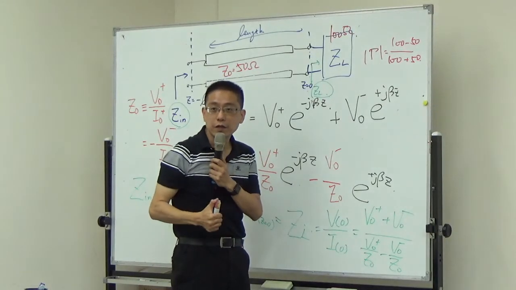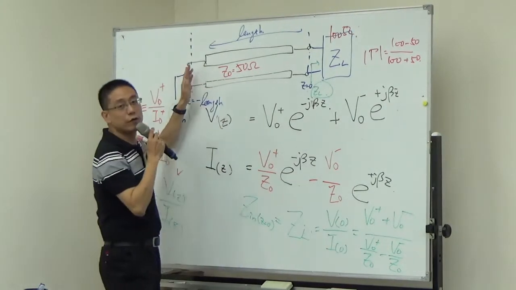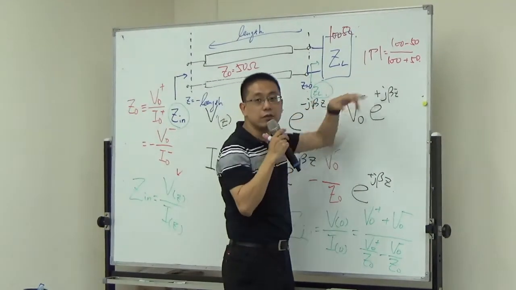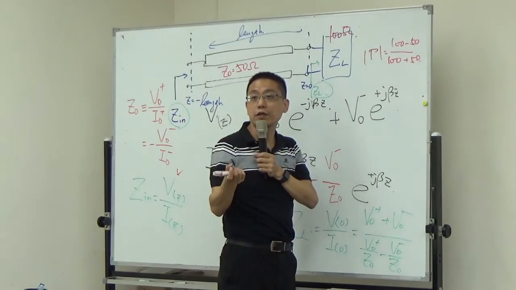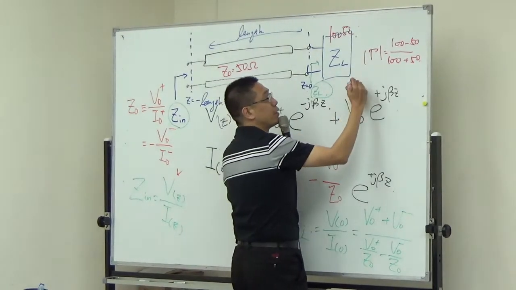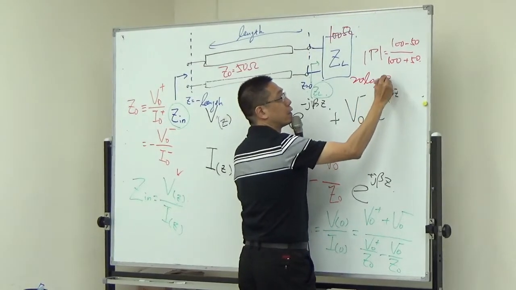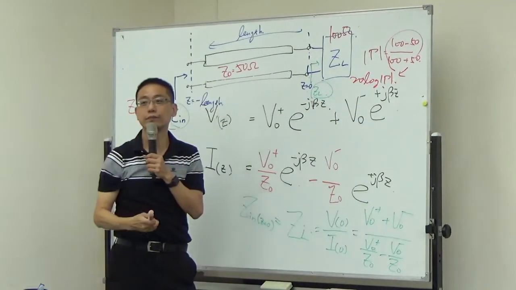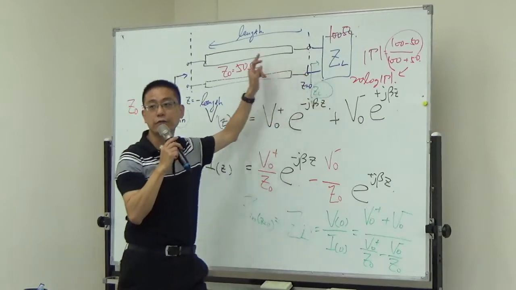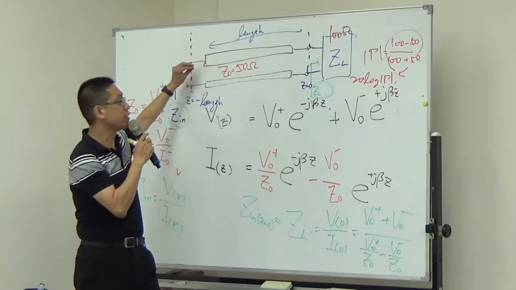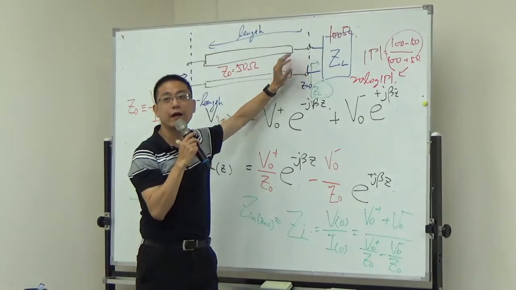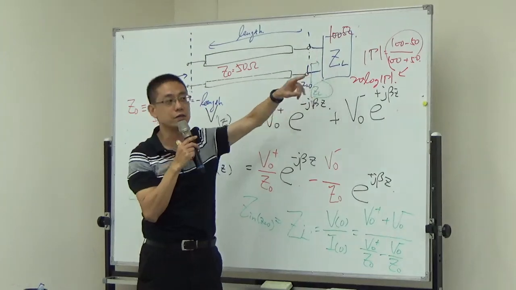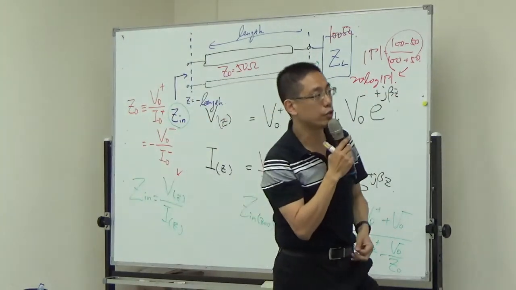But when you read the result from the VNA, the difference is you get the dB unit. So the result will be 20 log of this number. This is what you measured from your VNA. If there is a 15 ohm transmission line connected to some load impedance, this is how we get the equation.